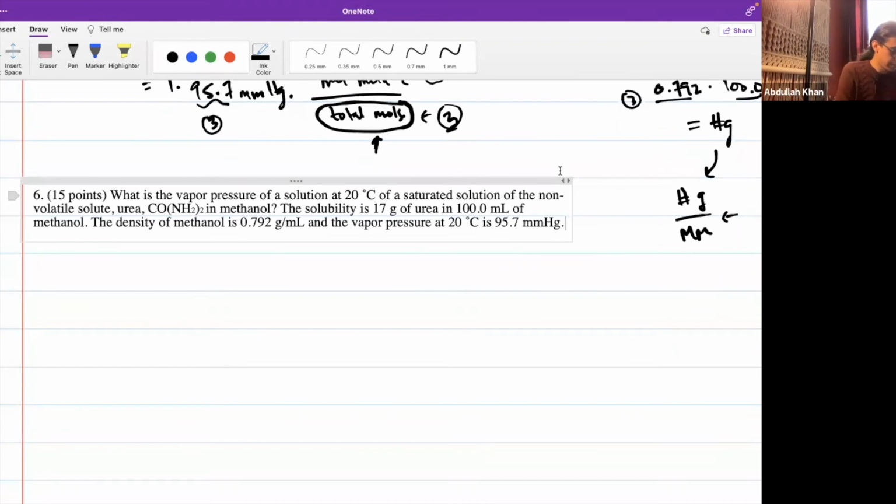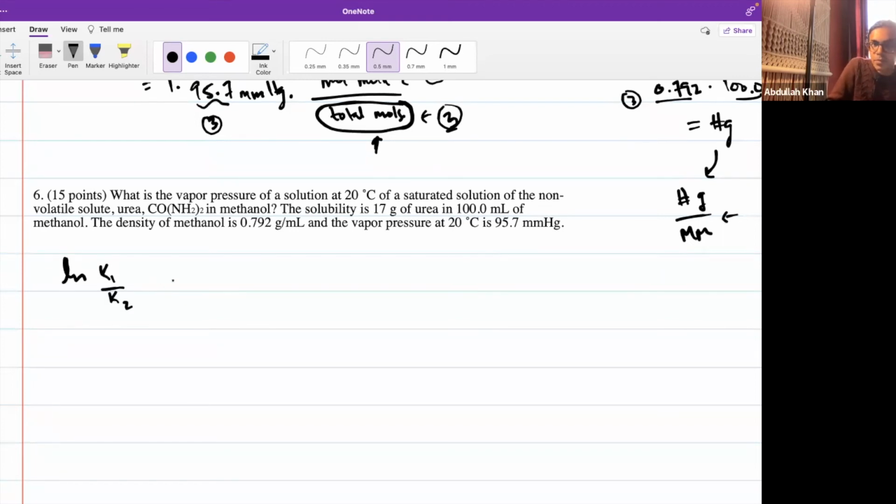Let me look that up. Arrhenius equation is ln. Yep, that's the one. That's the Arrhenius equation.